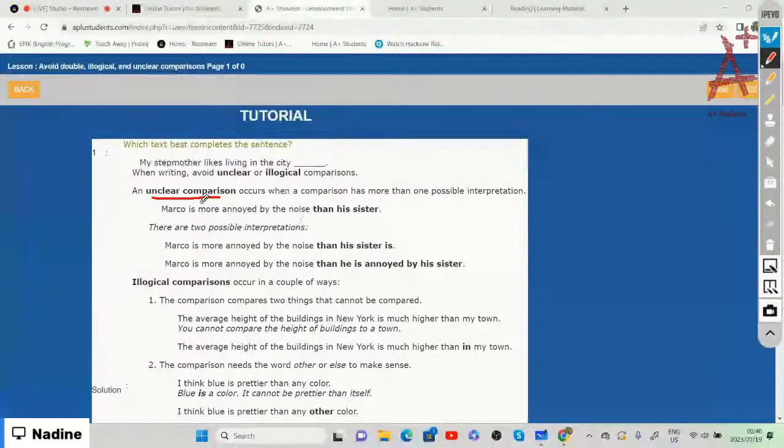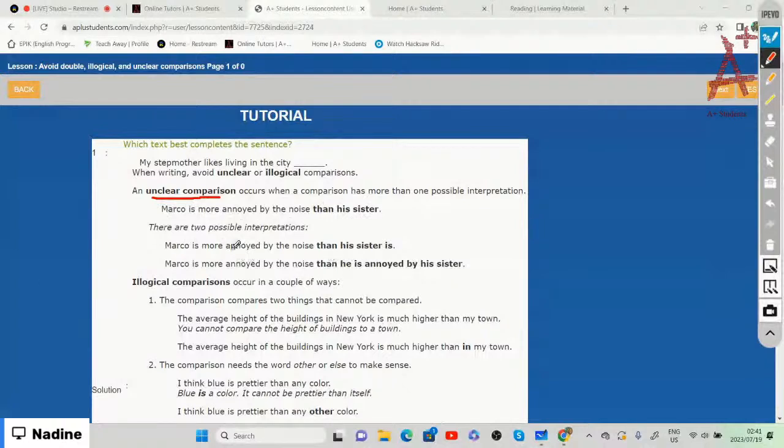For example, Marco is more annoyed by the noise than his sister. There are two possible interpretations. The sentence can mean Marco is more annoyed by the noise than his sister is, or Marco is more annoyed by the noise than he is annoyed by his sister.